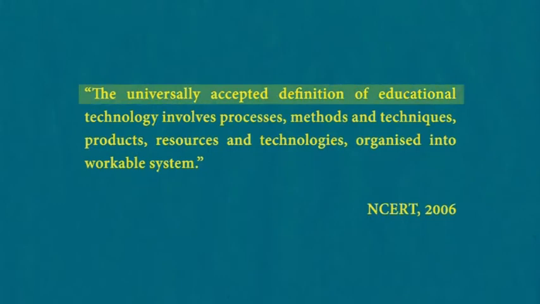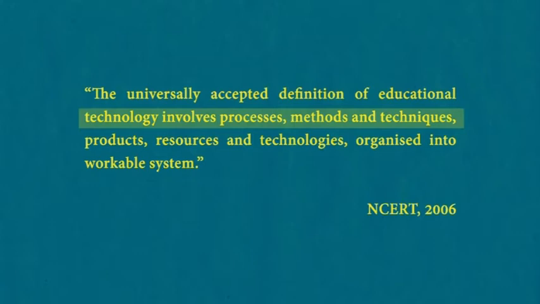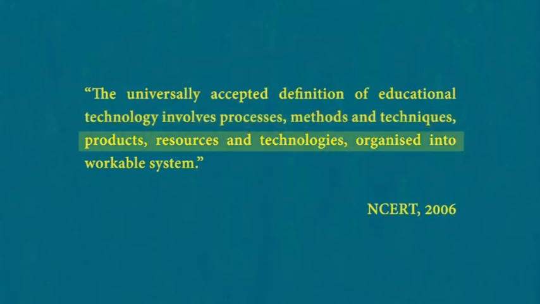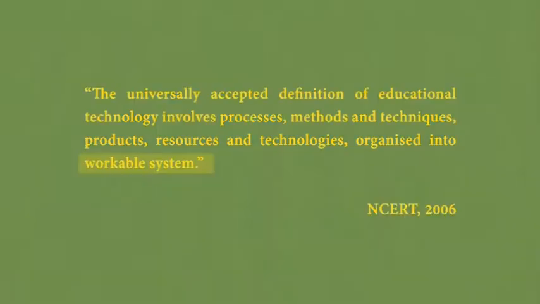The universally accepted definition of educational technology involves processes, methods, and techniques, products, resources, and technologies organized into workable system. In the National Focus Group on Educational Technology (NCERT), it is described as the efficient organization of any learning system adapting or adopting methods, processes, and products to serve identified educational goals.